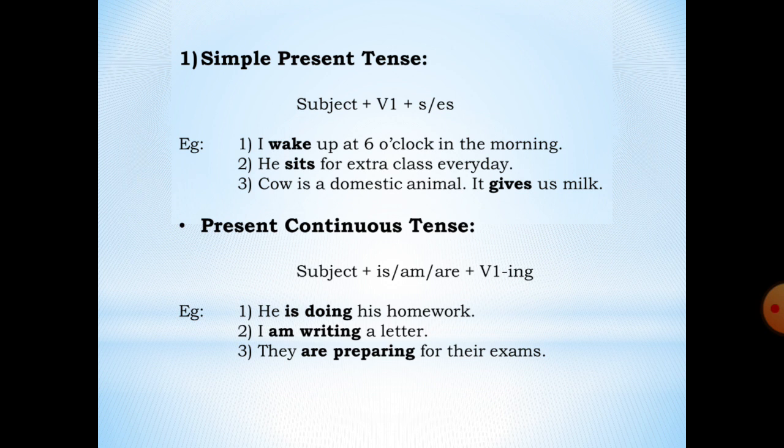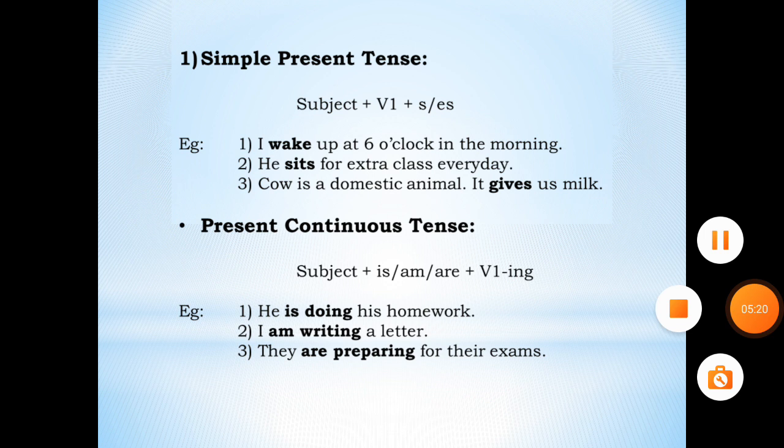Third sentence, cow is a domestic animal, it gives us milk. Here gives is a verb, and along with give, ES is there, that means it is in present tense.